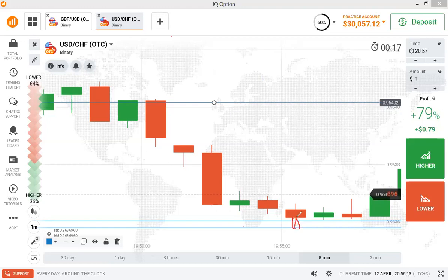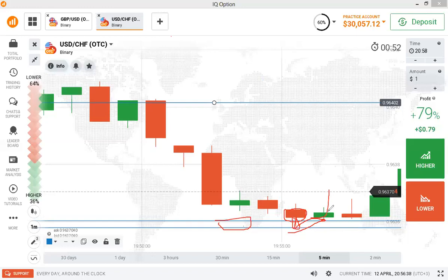Buyers rejected the market, the candle closed as a spinning top, then buyers entered. You can see the starting point of this wick is at this level. That means from here to here is buyer's area, and the line we have drawn here is also buyer's area. So that means buyers will enter.